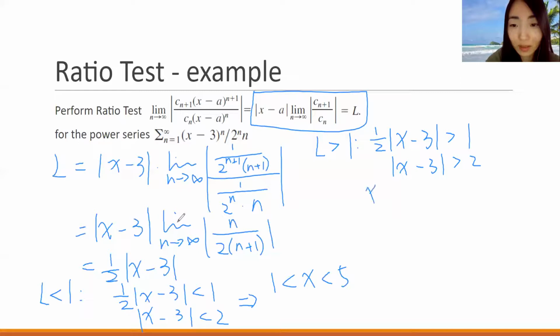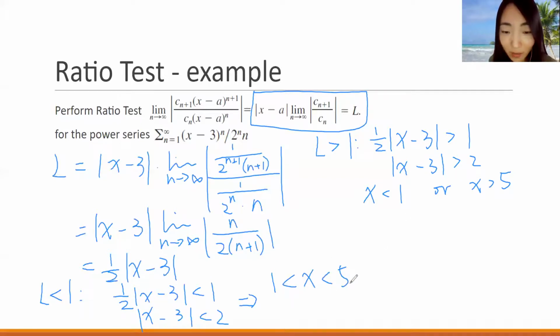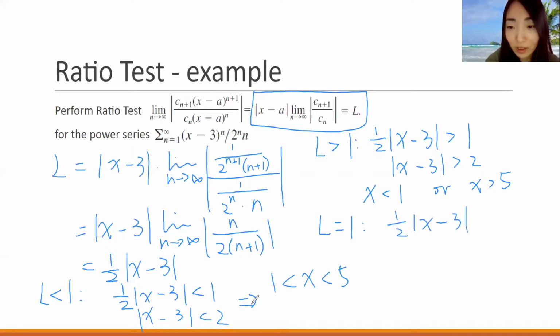So we should have x is either less than 1 or x is greater than 5. So this region is almost the complement set of this convergence interval, except for the boundary points when L is equal to 1. When L is equal to 1, if you solve this equation, you should get x equal to 1 or x equal to 5.